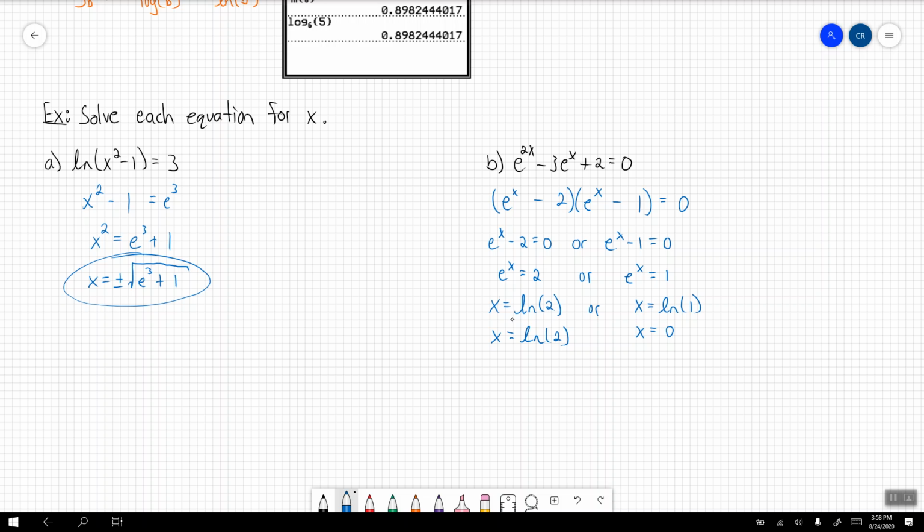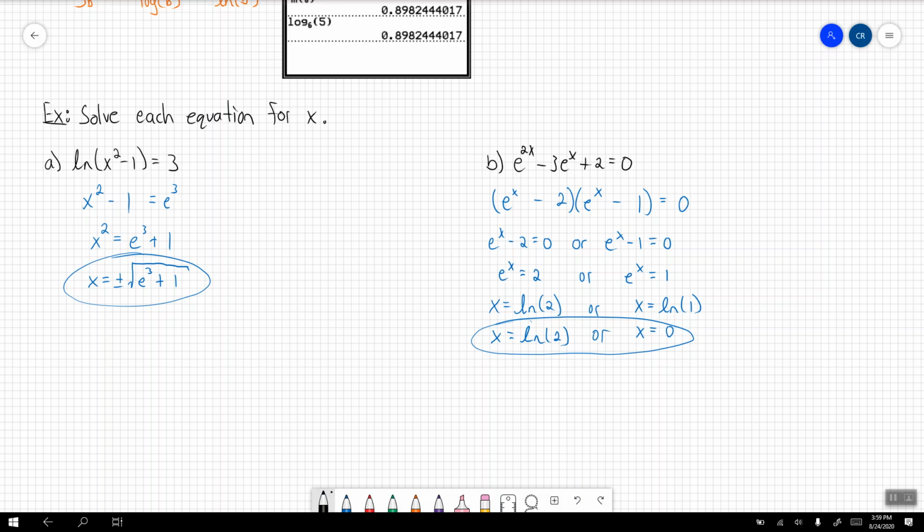If you take natural log of 2 and insert it into your original equation and perform these operations, do you in fact get 0? When you insert 0 into these equations, do you in fact get 0 as your result? You will see that you do. And these are your two answers. So again, that's pretty awesome to see.